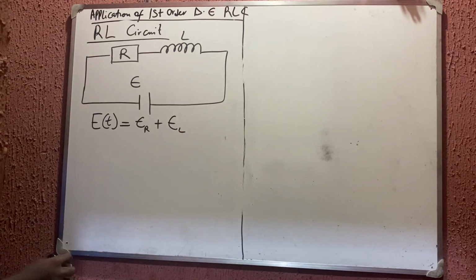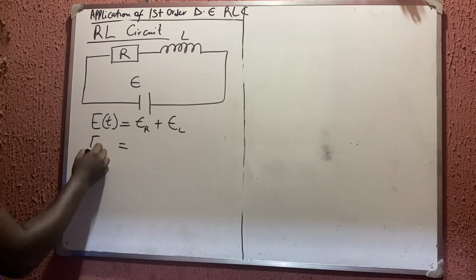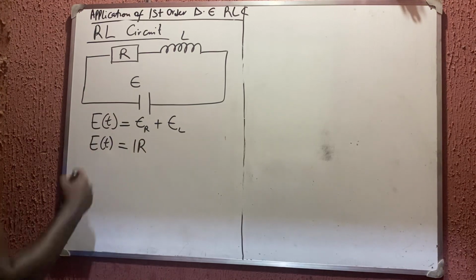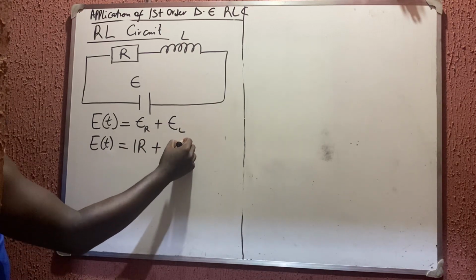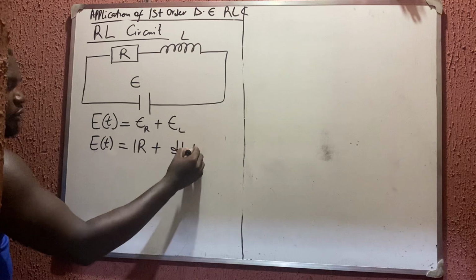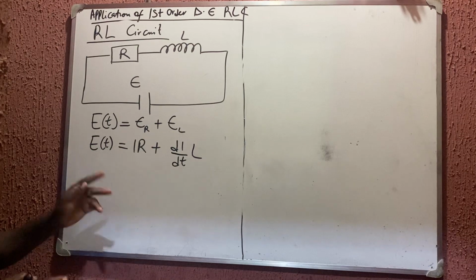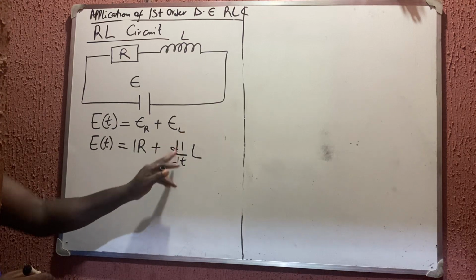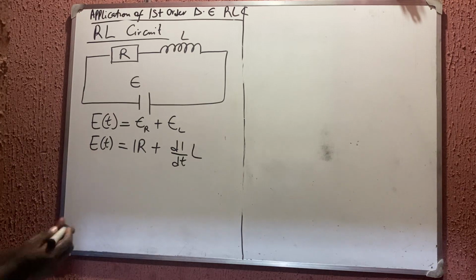If you remember from our derivation, this E of t is, for the resistor, just IR according to Ohm's law, but for the inductor it is the derivative, L times dI/dt. Don't forget that. If it is for a capacitor, it will be integration. I taught you that in the first video: for the resistor it is just I, for the inductor it is the derivative of I, while for the capacitor it is the integration of I. It's very simple to remember.